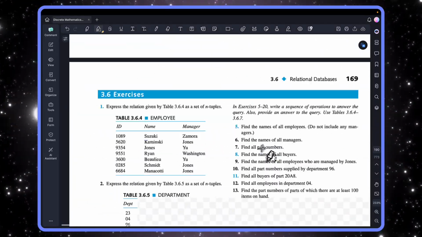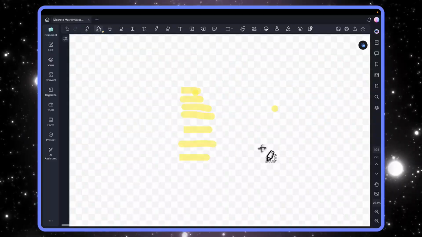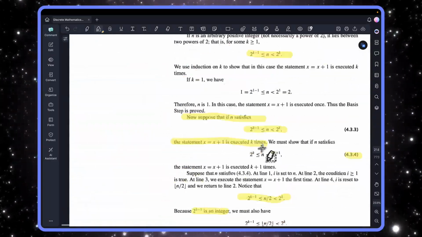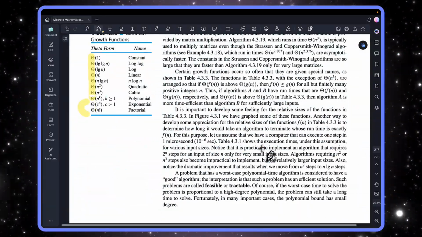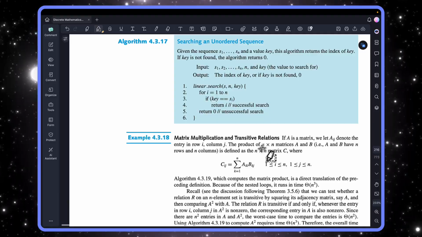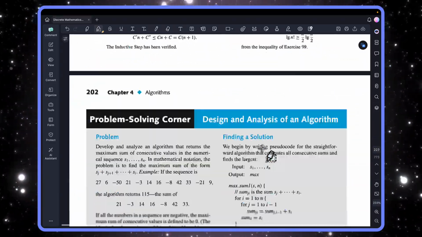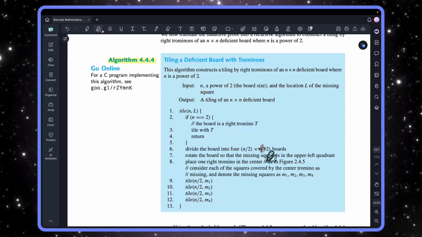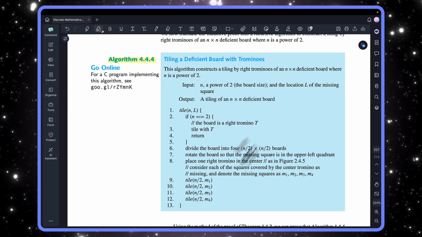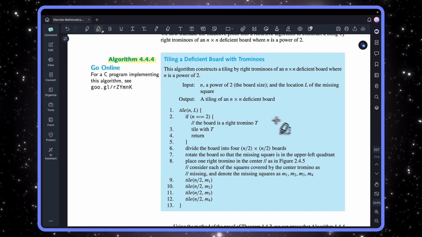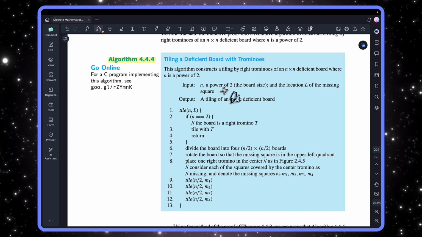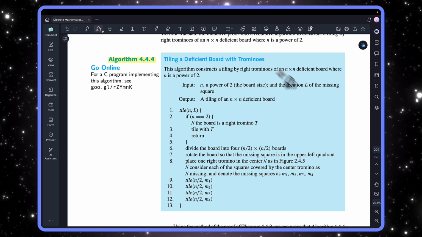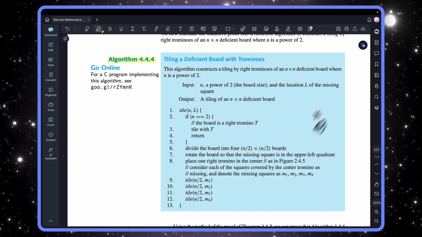I probably should have a more effective way of getting to where I want to be, but that's life. Okay, so here it is, 4.4. Let's look at the proof. Watch how it really mimics the induction, and it simply uses the fact that the induction is correct. So here we go.